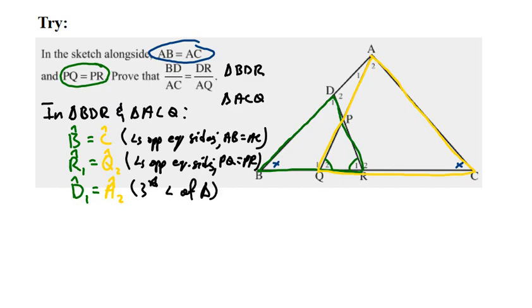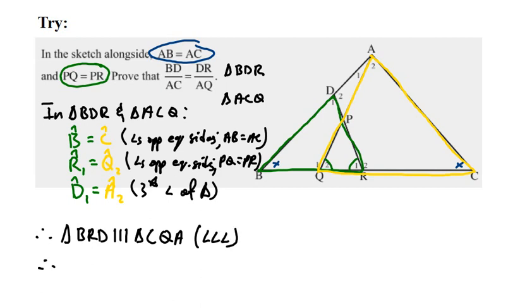Now, let's get the sequence correct. Yes, I do have triangle BDR, but I will have to write it as triangle BRD, and this is similar to triangle CQA, because of angles.